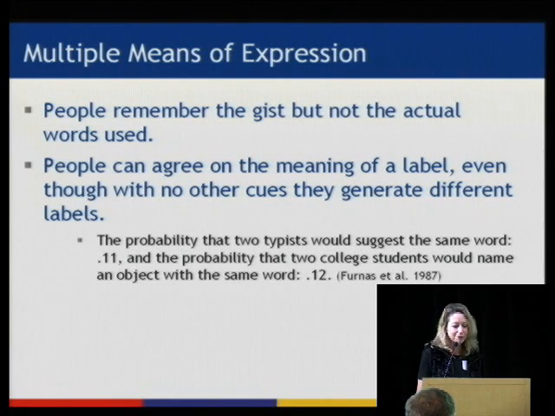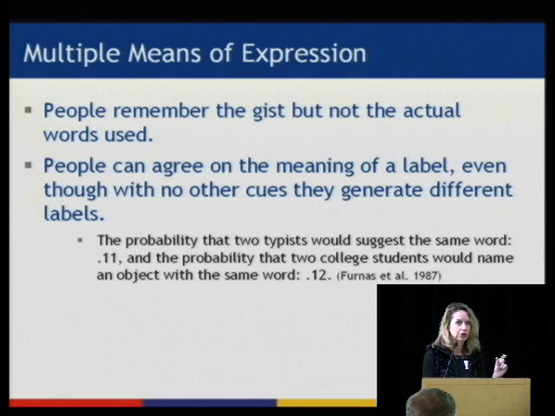Okay. And there have been studies showing that people can agree on the meaning of a label even if they don't generate the same labels to describe something. There's this famous study by Hearst et al. where they had people try to name things. This is what we use for card sorting as well. So what would you put as the names for various editing commands? Or if you had an object, what would you name it?